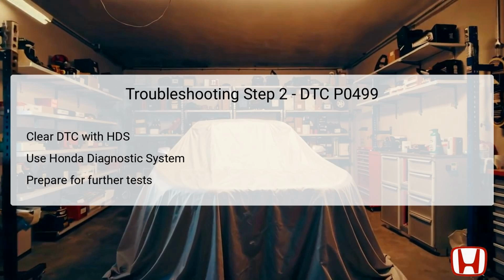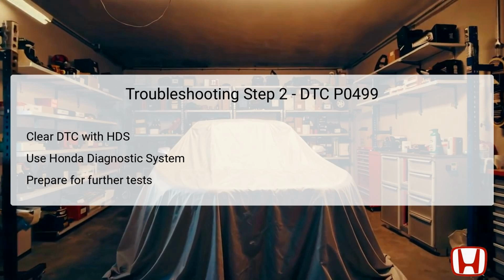In the second troubleshooting step, you should clear the DTC using the HDS, or Honda Diagnostic System. Clearing the DTC resets the computer's error log and allows for a fresh evaluation of the EVAP canister vent shut valve circuit. After clearing the code, ensure that the HDS is utilized properly, activating its diagnostic functions to prepare for further tests.